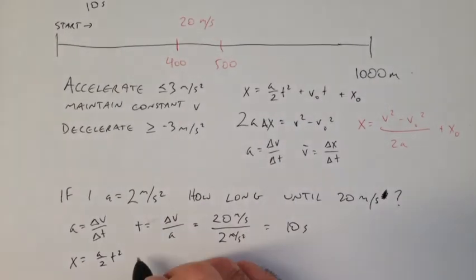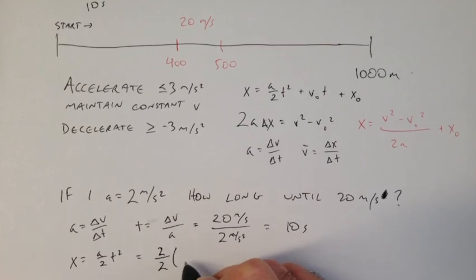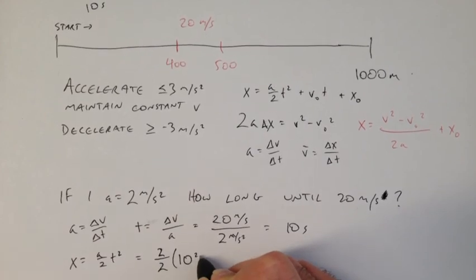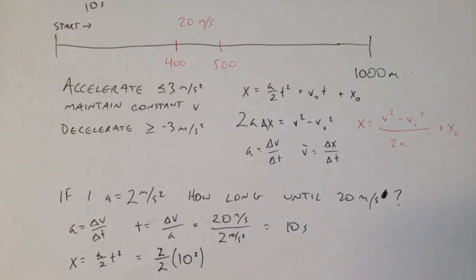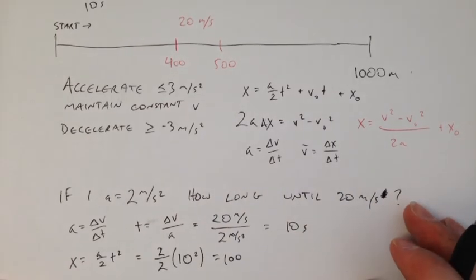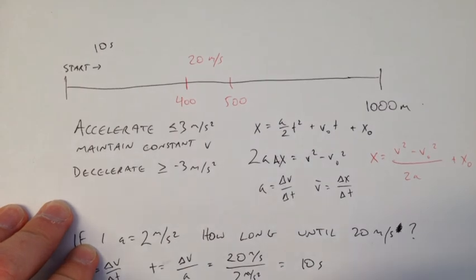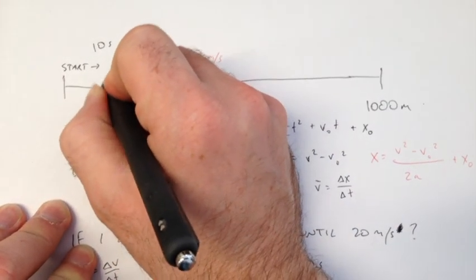So that's really all I need. The acceleration is 2. The time is 10. 2 over 2 cancels out. 10 squared is 100. So I've gone 100 meters in 10 seconds. There's 10 seconds. Where's my 100 meter mark? I guess about there.